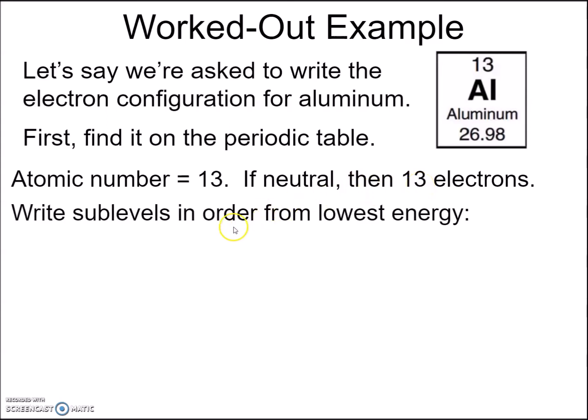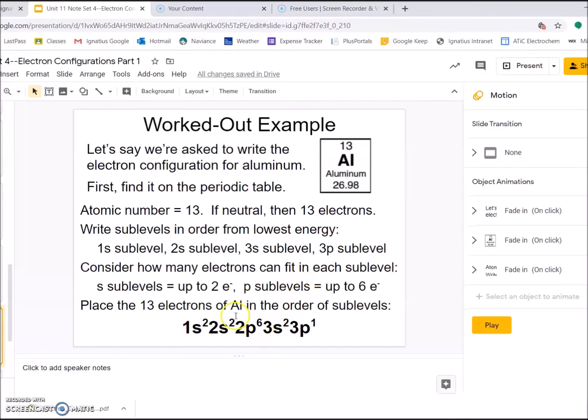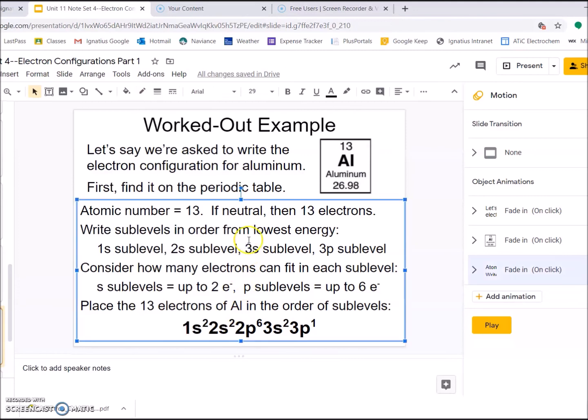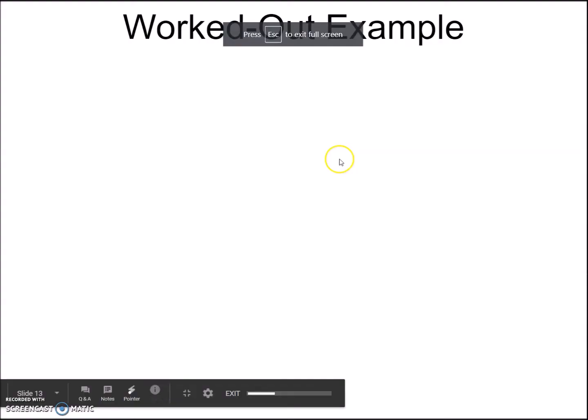Let's write the sublevels in order from lowest energy to highest. It would go in this order: the 1s, followed by the 2s, followed by the 2p. This should say 2p sublevel. Then the 3s, and then the 3p.